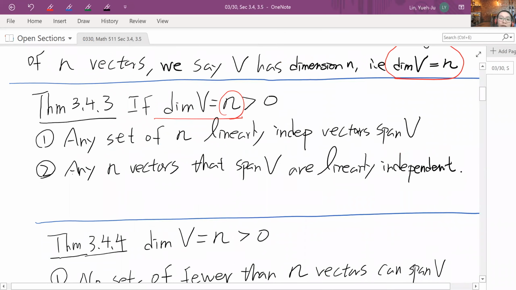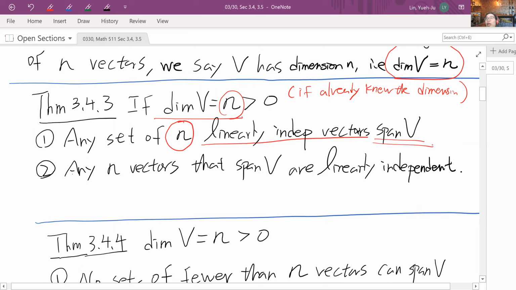So basically, that's essentially what Theorem 3.4.3 says. The first statement says, if you already knew the dimension is n to start with, then if you can find any n linearly independent vectors, those n linearly independent vectors will automatically span the vector space.